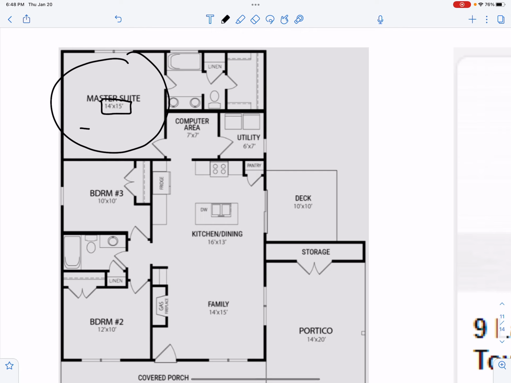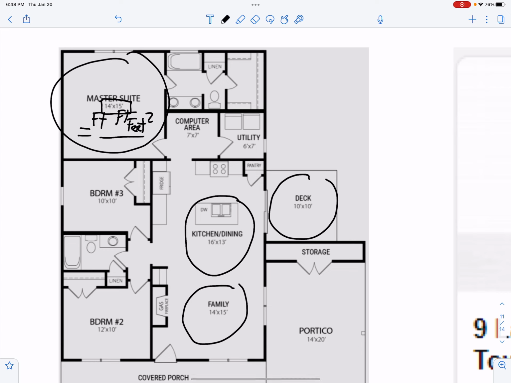So when you multiply those numbers, whatever that gives you is going to give you a square feet, because you're multiplying 14 feet times 15 feet. And that's what we call the area of that room. And then you can do the deck, you can do the family, and so on.